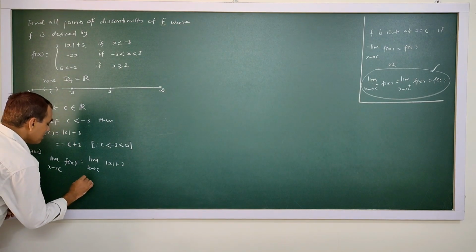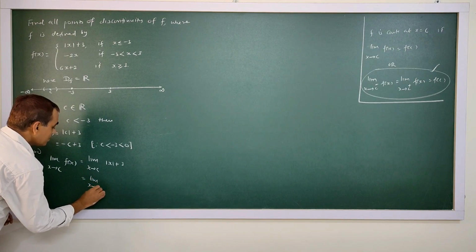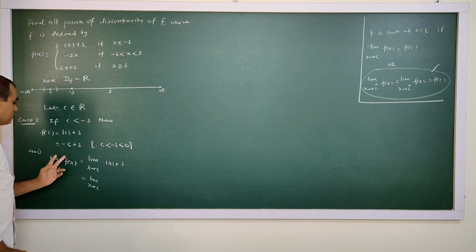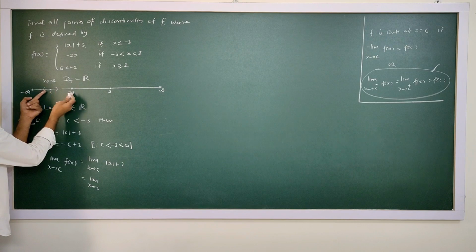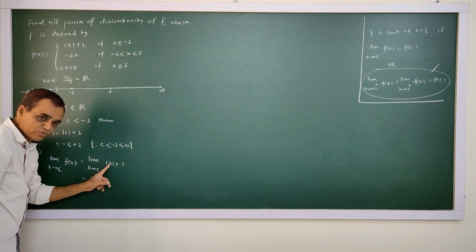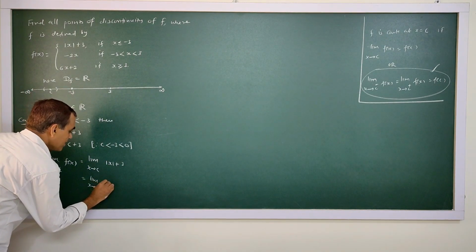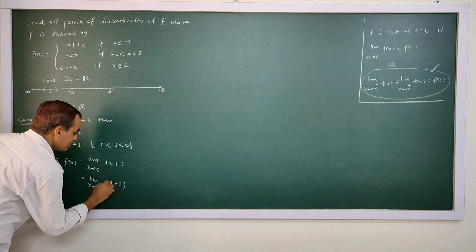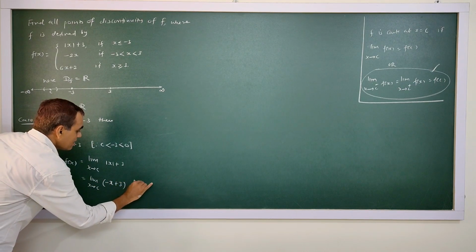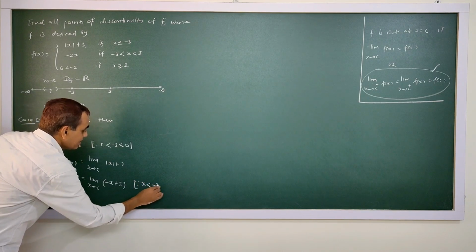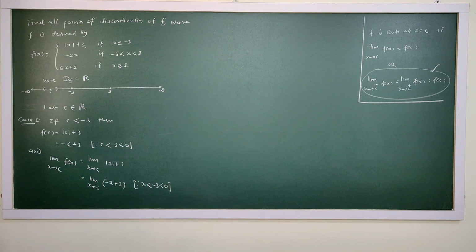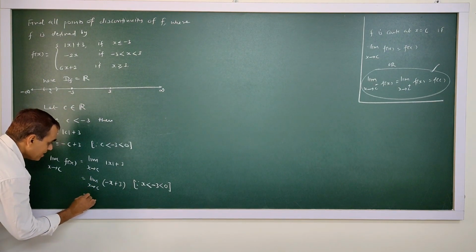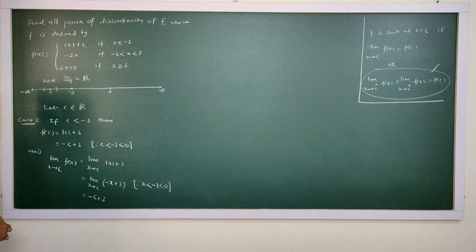And again, because all these values belonging to this interval are less than minus 3, x is negative, so modulus x is minus x. Now putting the value of c, it is minus c plus 3.